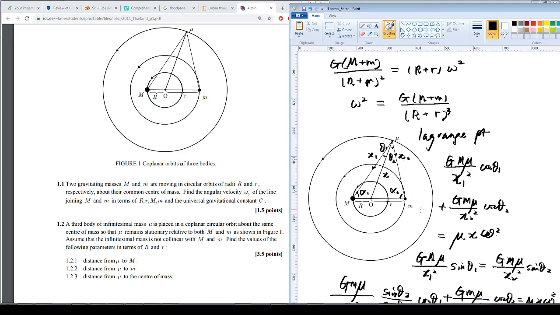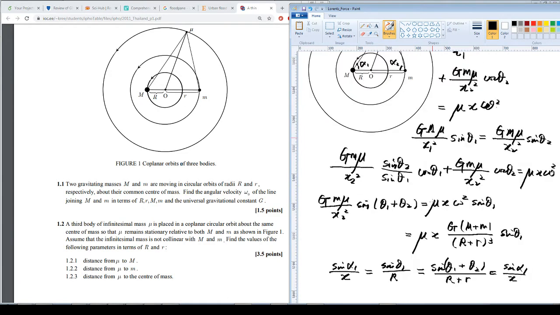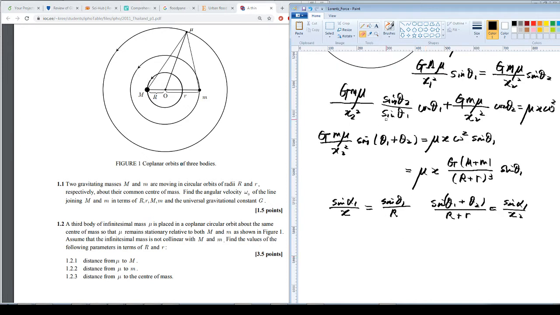So then shouldn't it be that across from alpha 1 is across from x2, right? Oh, yeah, thank you. Then we cannot say that yet. So instead, we have to do a division from here.